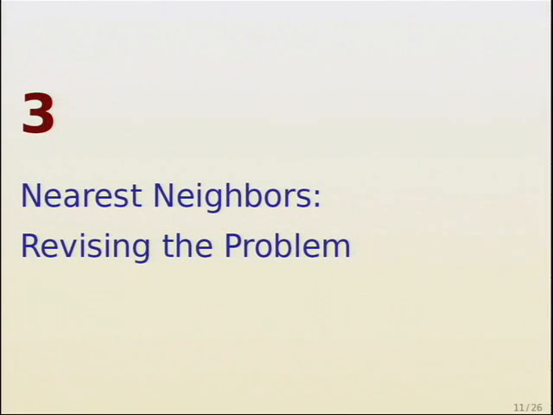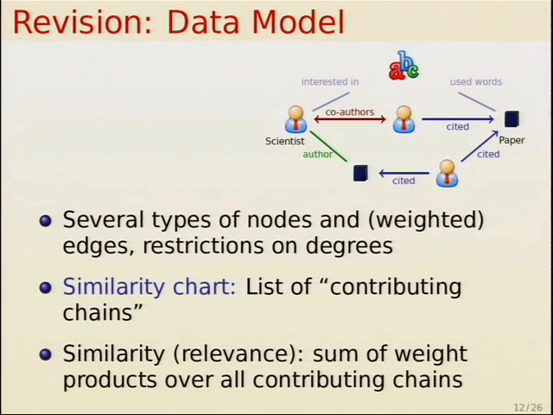OK, so now we can move to thinking about whether the problem was stated correctly or not. So I showed you before this picture of chains that produce different contributions to overall similarity. So we can try to model that with graph theory instead of Euclidean space and Euclidean distance.